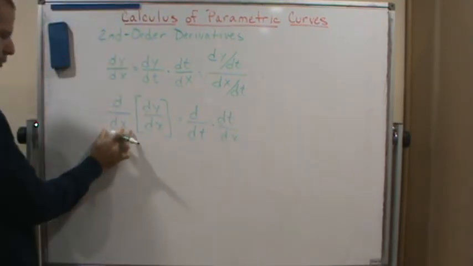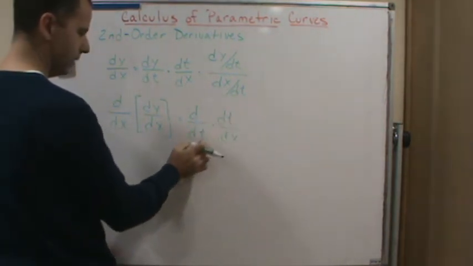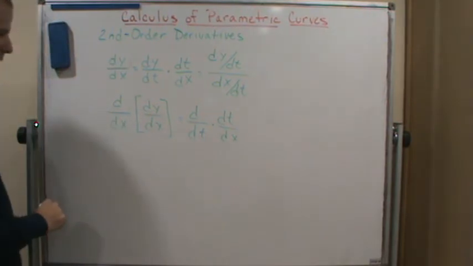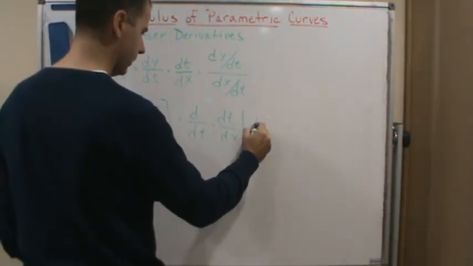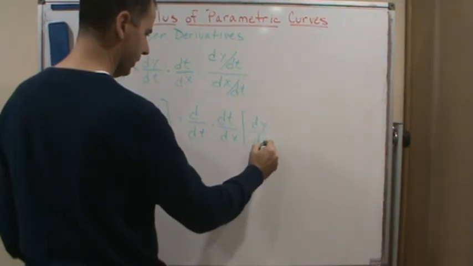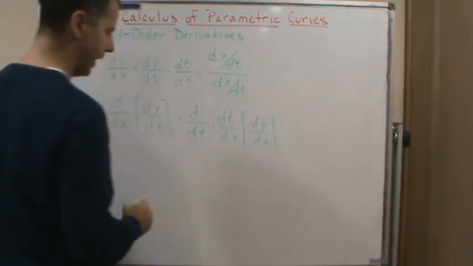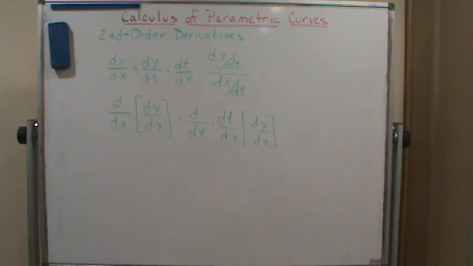I just use the chain rule on this. I'm introducing the parameter, and so I'm using the chain rule on dy dx.